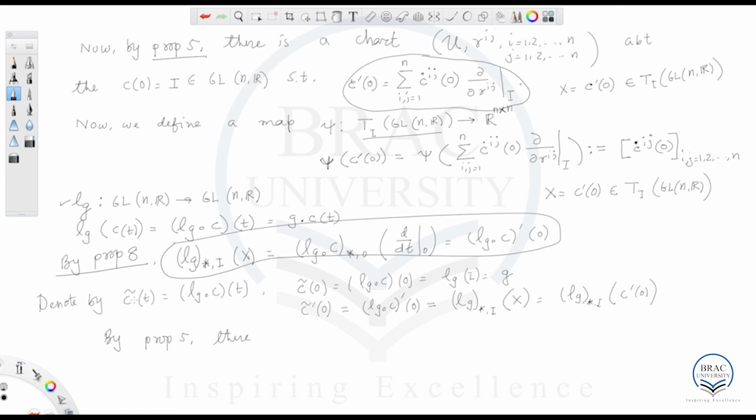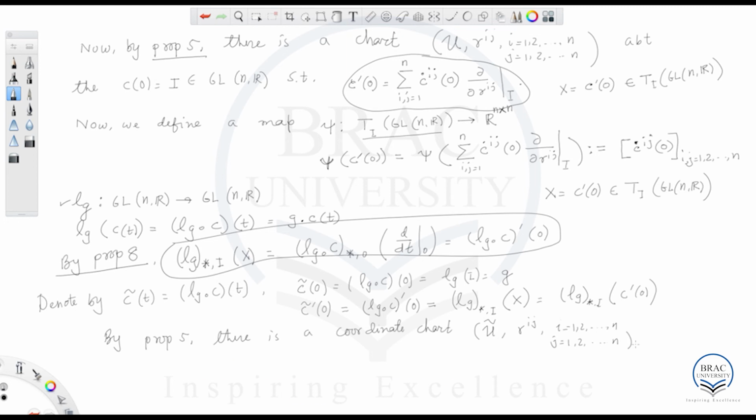So by proposition 5, there is a coordinate chart U tilde comma R_ij, where again i is from 1 to n, j is from 1 to n. There are n squared coordinate functions.